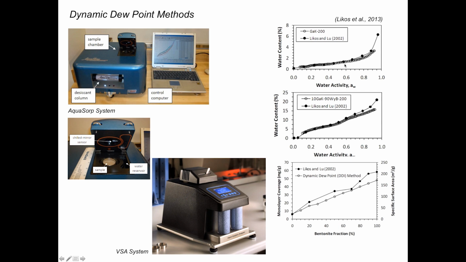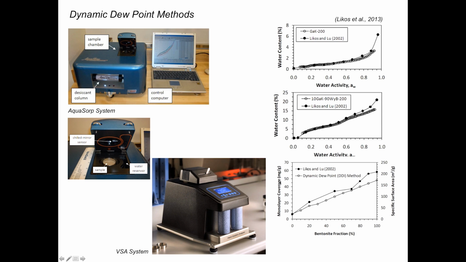So that's for a pure kaolinite. For a 10% kaolinite, 90% bentonite mixture, again, a really good comparison, most notably at lower humidities between these two methods. This is a comparison of how we might back out surface area or related monolayer coverage from sorption isotherms. I'll talk about that in a moment.